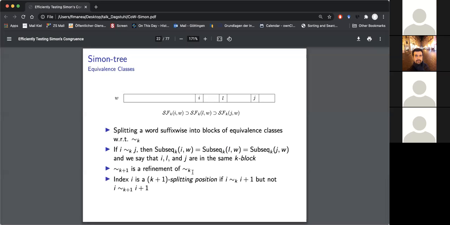Obviously, because sim-K plus 1 is a refinement of the sim-K relation.